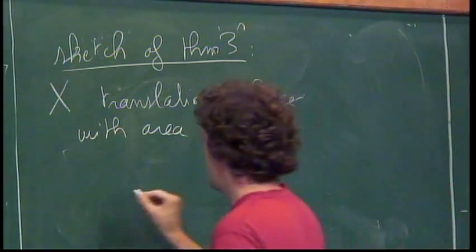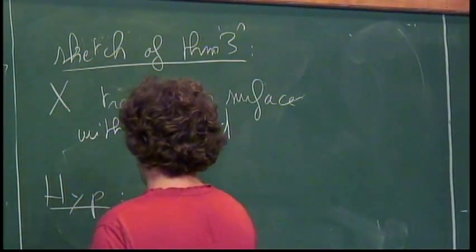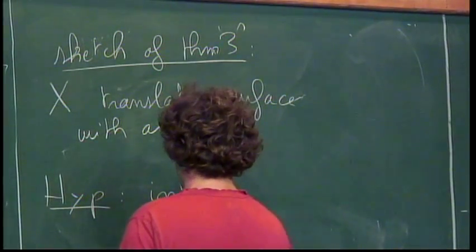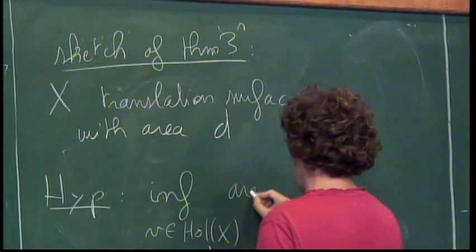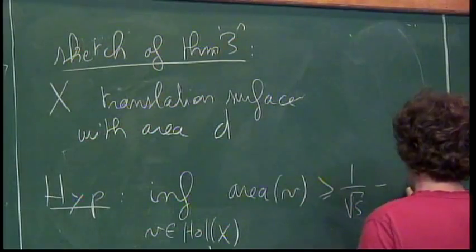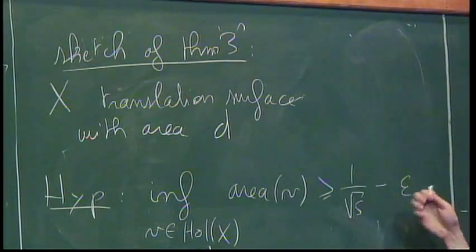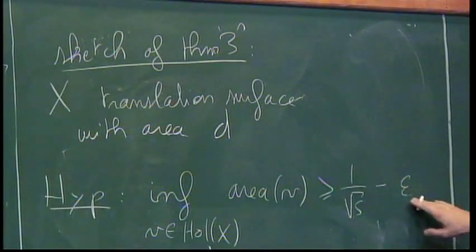So the hypothesis is the inf for V in this holonomy of X of area V is greater than 1 over square root of 5 minus some small epsilon. And what I want to prove is that actually this minimum is 1 over square root of 5 and not something else. But I need to choose epsilon appropriately.